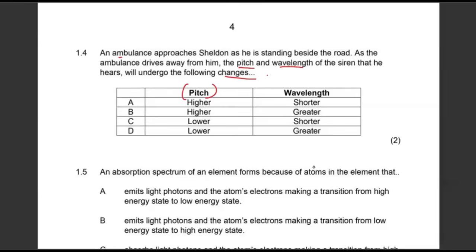If the ambulance is moving away, the pitch is going to be lower. The sound notes are going to sound low. And wavelength refers to the distance between waves, which will just increase. So option D is the best because I'm seeing lower and greater, while this one is lower and shorter. So D is the best option.